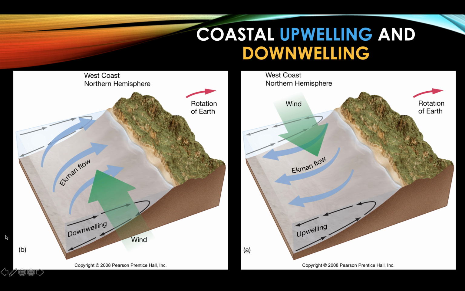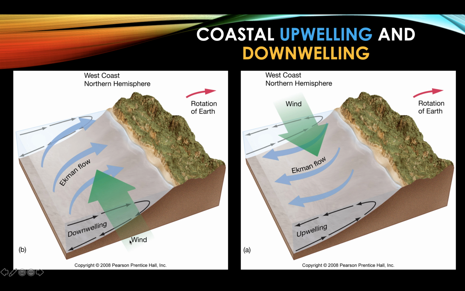Okay, so here we have a diagram that is demonstrating once again this thing called Ekman flow. So here we are looking in the northern hemisphere, right? So that means that due to the Coriolis effect, things will be deflected to the right. So here we have a coastline and we have wind blowing due north.